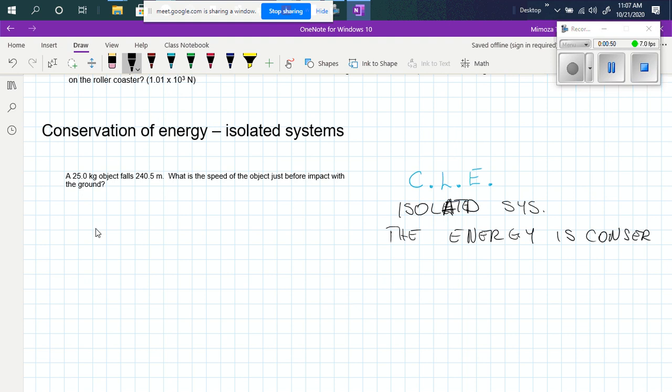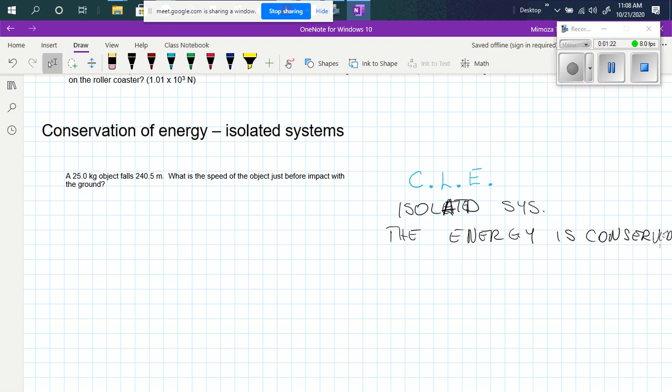The question that we may have here is, whoa, just wait, what is an isolated system? The definition of an isolated system is that the mass of the object is not changing and there are no other forces besides the forces that we have taken into consideration.